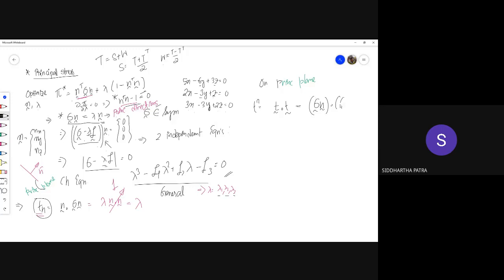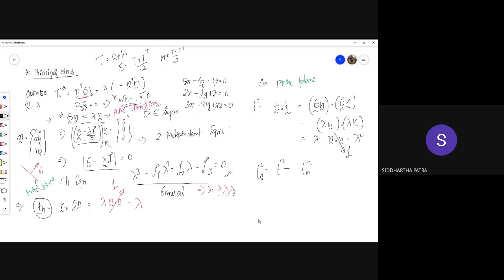Dot sigma times n, which basically is lambda times n, because it's a principal direction, dot lambda times n. Okay, and that essentially gives us lambda squared times n dot n, which basically says lambda squared, because this part is unity.